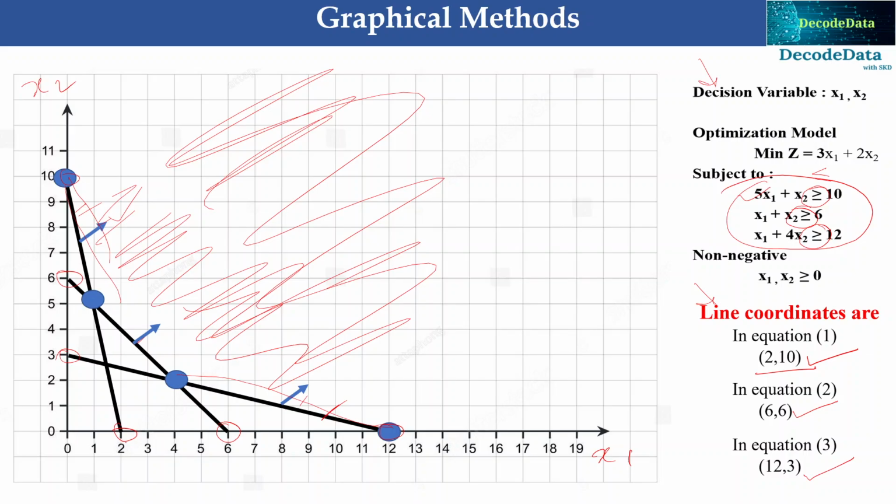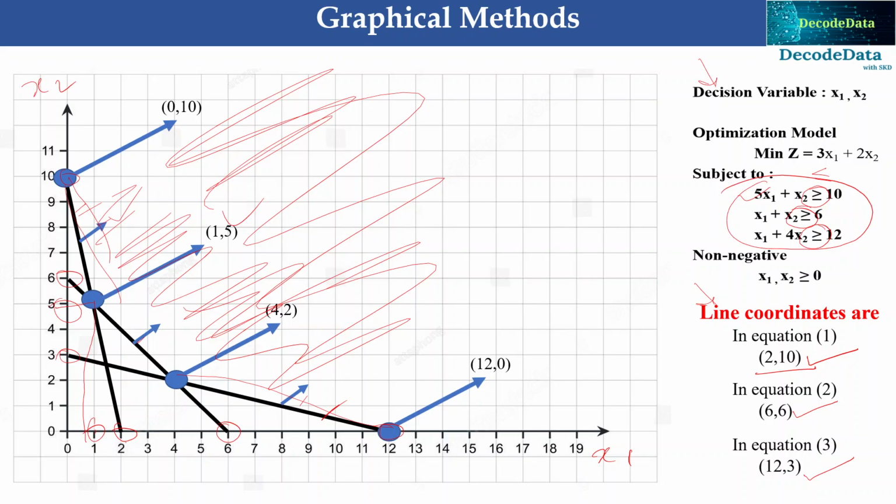So now we go for the coordinate values. The first one is 0 and 10, the second one is 1 and 5, where x is 1 and this is 5. Same, we have 4 and 2, and 12 and 0.